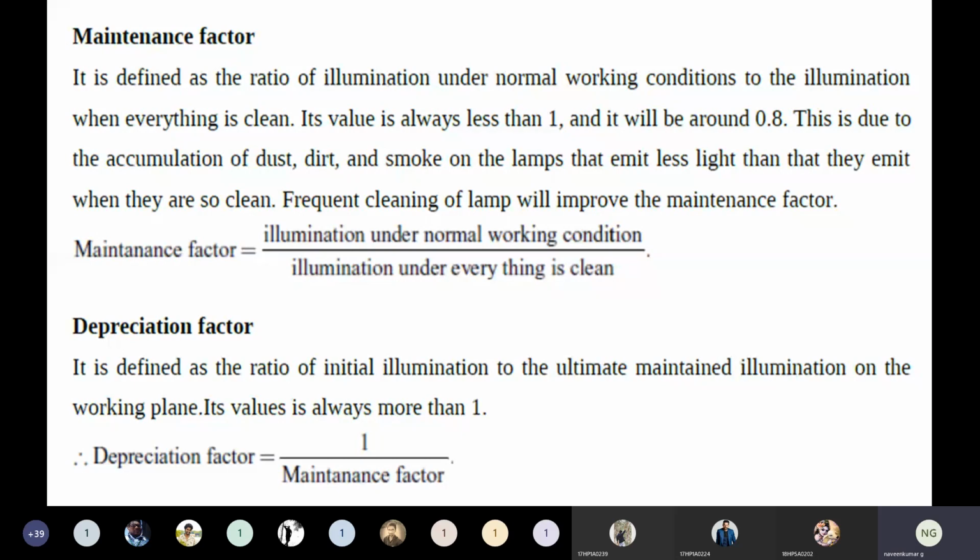This is due to the accumulation of dust, dirt, smoke on the lamps that emit less light than they should emit when they are clean. Frequent cleaning of lamp will improve maintenance factor. So maintenance factor is given by the formula illumination under normal working condition divided by illumination when everything is clean.